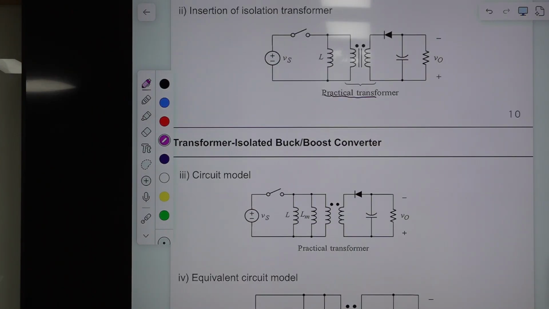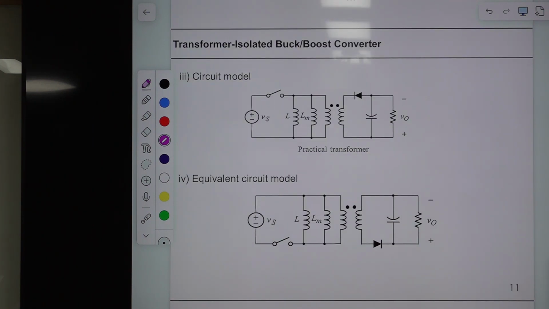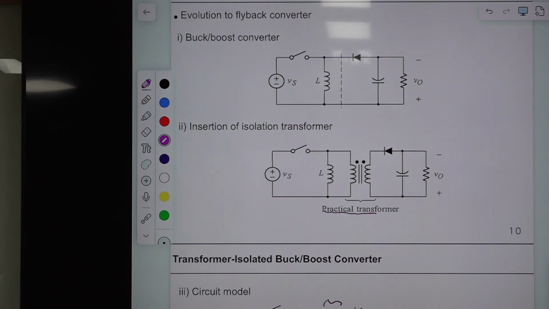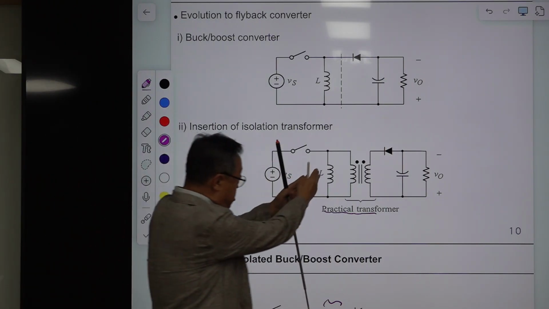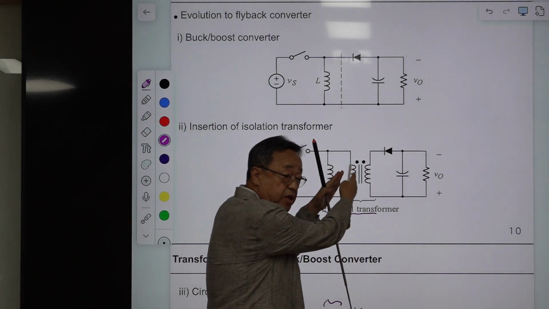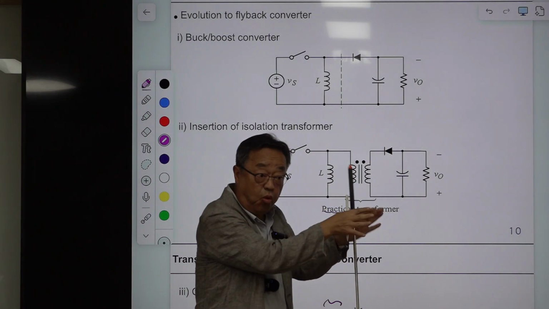This practical transformer is modeled as a combination of the magnetizing inductance and an ideal transformer. This is the ideal transformer without the vertical bar, and this is with the vertical bar, which maybe signifies there is some core.